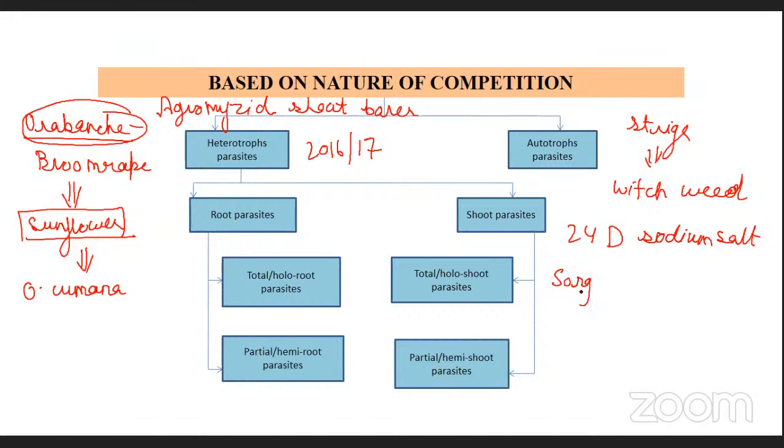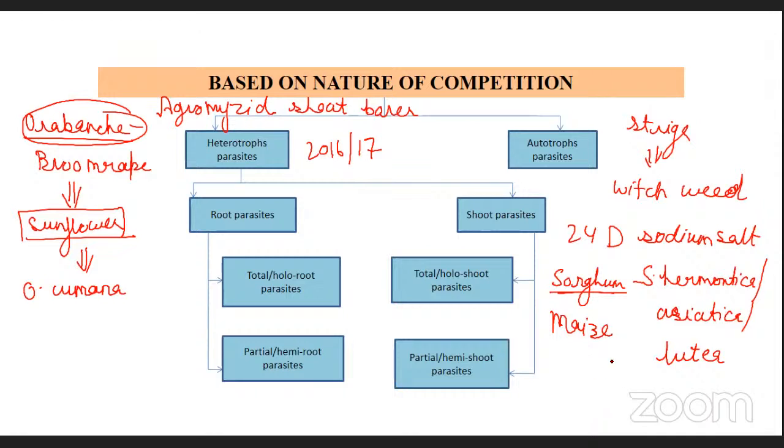If it is attacking sorghum, then Striga hermonthica is the species, or asiatica, or lutea. These are the species of Striga which usually attack sorghum as well as maize. But for cowpea, there is a different species, and that is known as Striga gesnerioides.